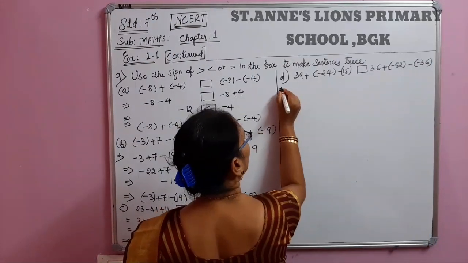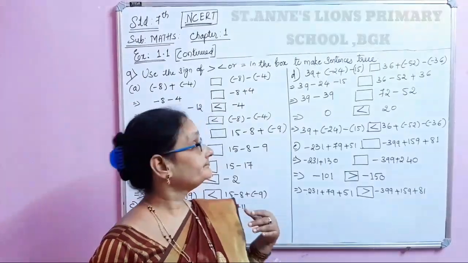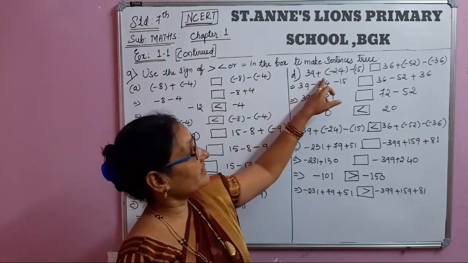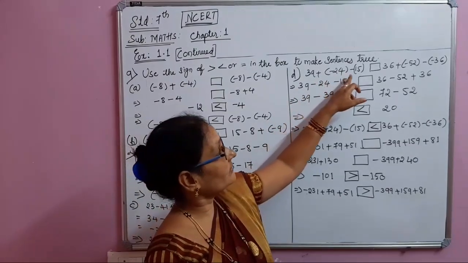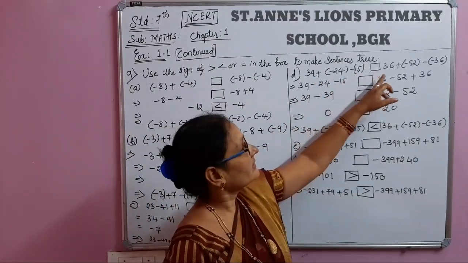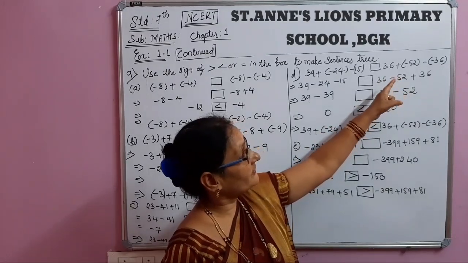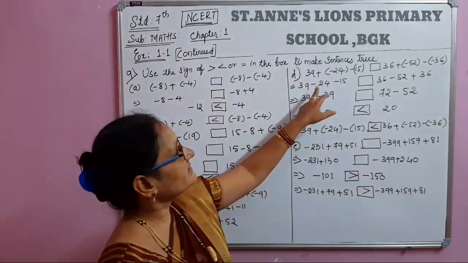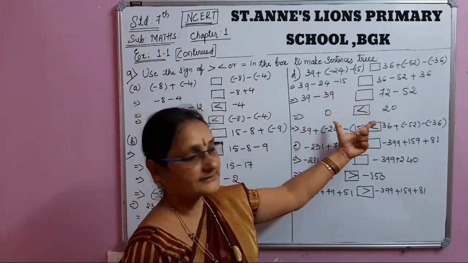See students, D problem: 39 plus minus 24 minus 15, 36 plus minus of 52 minus of minus 36. This is the given problem. See, just go on solving this.